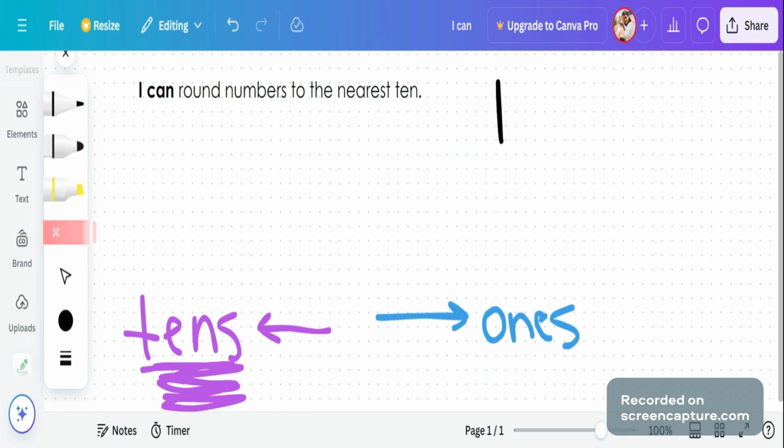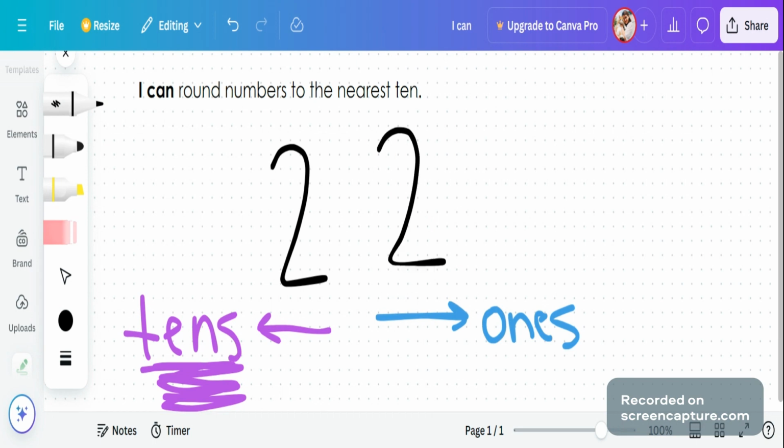Go ahead and erase. The next number that we're going to look at is 22. So in my ones place, I have this 2. And in my tens place, I have this 2. Is 2 equal to 5 or more? No. Remember, it's 5 or more, raise the score. But 2 is less than 5.